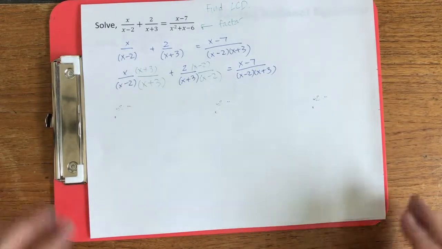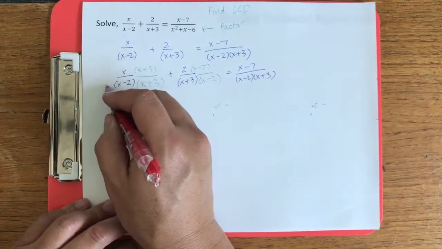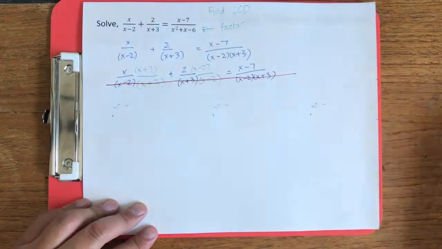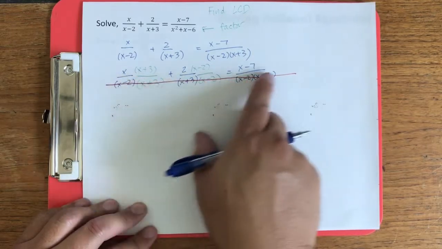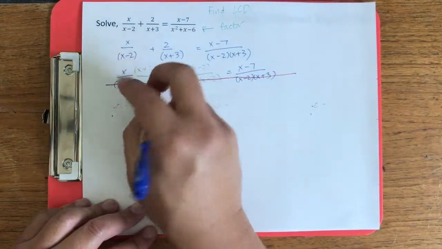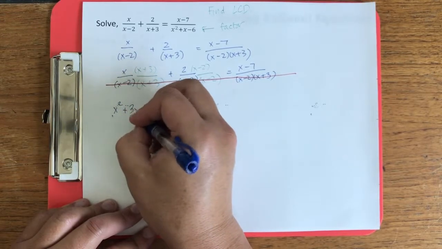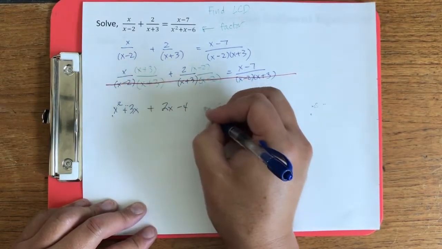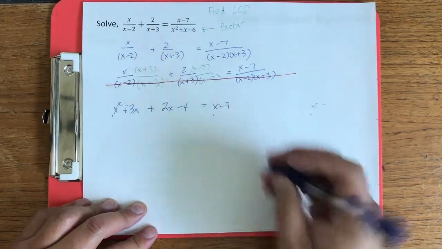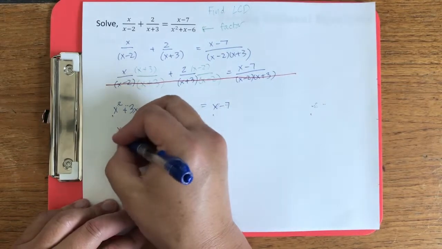Now, I have a common denominator, so I can cross out my denominators. And now we're just going to solve whatever is in the numerators. So let's distribute this part. Okay. And then let's combine like terms.